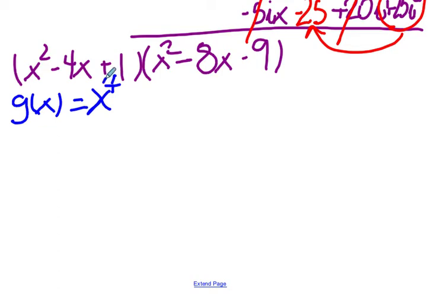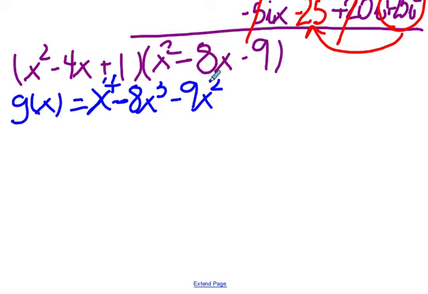X squared times negative 8x would give us minus 8x cubed. X squared times negative 9 would give us minus 9x squared. Now I need to take the negative 4x through.